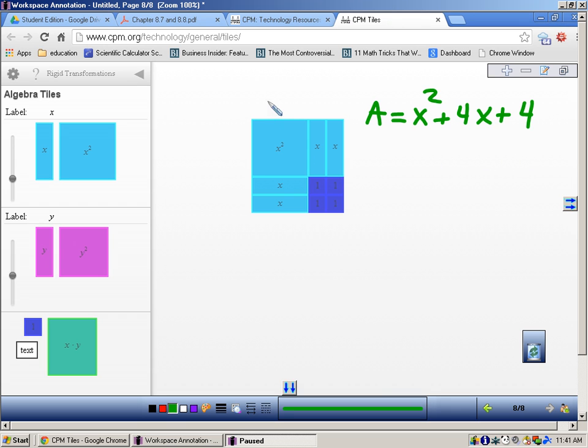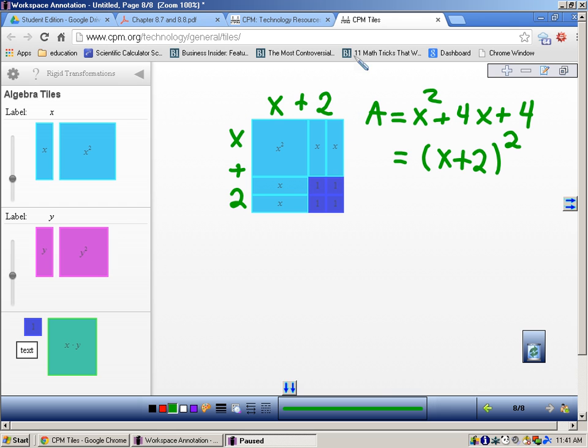And again, if you look at this, this would be x plus 2, x plus 2. And if you multiply x plus 2 times x plus 2, you get the area, x squared plus 4x plus 4. And so the factored form of this quadratic is x plus 2 times x plus 2, which is x plus 2 squared. That's why it's called a perfect square. Okay?